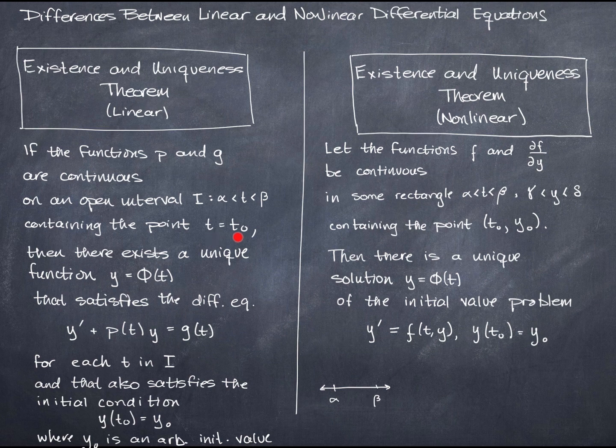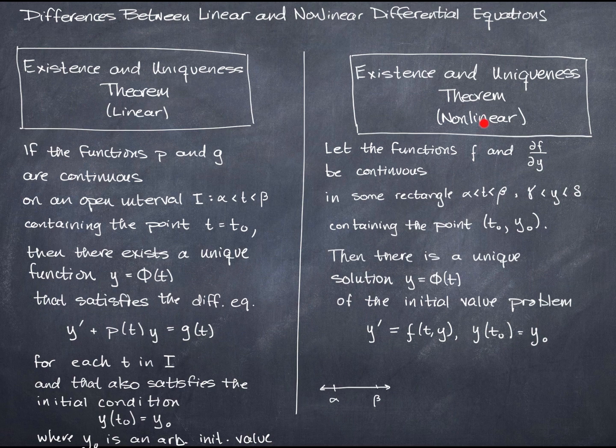One of them is called t naught, or t sub 0, our initial input value, which eventually we'll learn would, once it's plugged into the solution, spit out a y naught value. So basically I'm allowed to use any value for t between alpha and beta, not including alpha and beta.